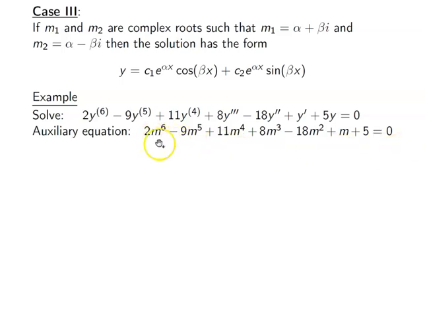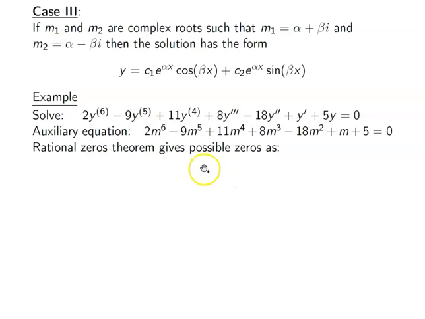So using synthetic division, since this is such a large polynomial, I look at all of my possible solutions. So I'm looking at all the factors of 2 and all the factors of 5. We've talked about this a little bit before; you can go to previous videos and look at the synthetic division.